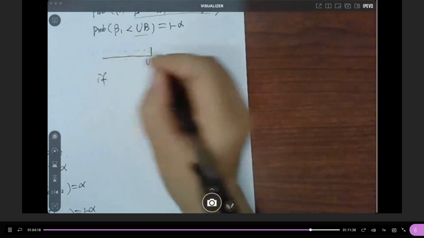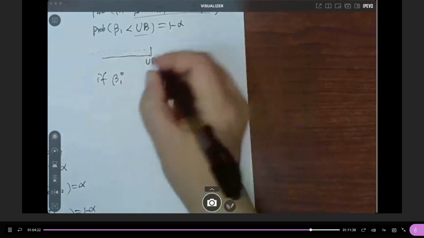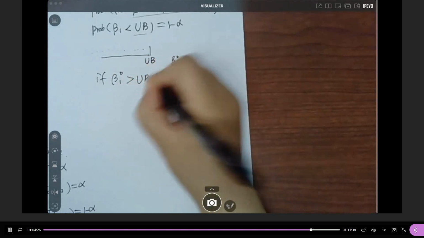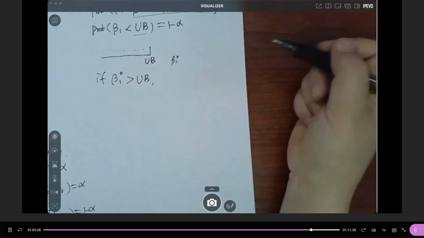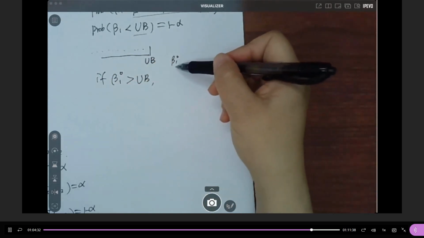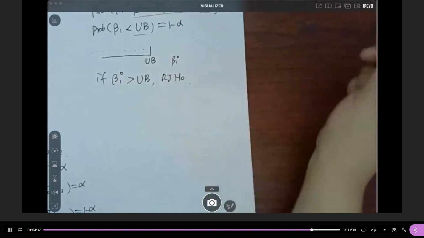If your hypothesis value beta 1 null is larger than your upper bound, like this, this is a small probability. The probability for this to happen is only alpha, and you would reject it.